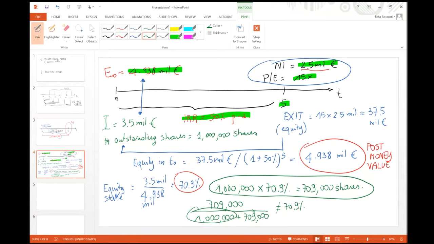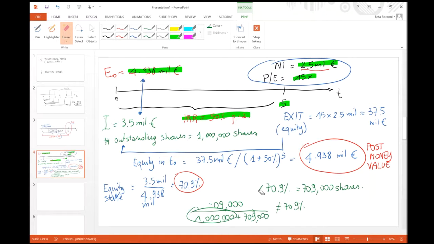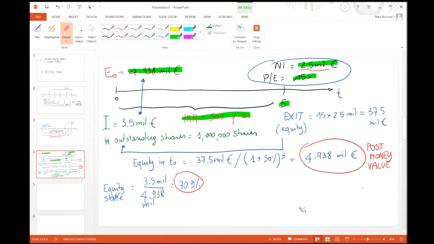You are entering in this company via a capital increase. So by definition, you will not have 70.9% of 1 million, because after the capital increase, the number of shares will be higher than 1 million. So at the end of the day, we have to do a different kind of reasoning. And this reasoning is the following.